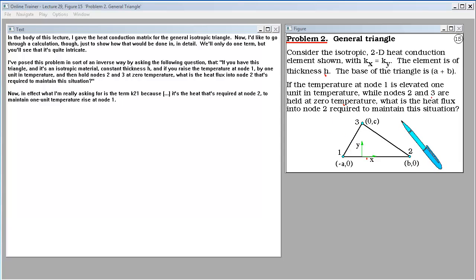Now, in effect, what I'm really asking for is the term K21, because that's the heat required at node 2 to maintain a 1 unit temperature rise at node 1.